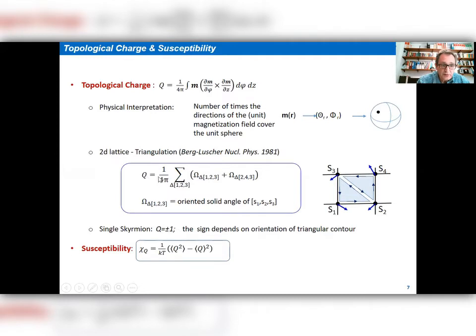For a single skyrmion, this gives 1 as an absolute value, but there is a sign in front of 1, which is related to the orientation of the triangular contour. So depending on whether you travel around the triangle in the clockwise or anti-clockwise sense, you get plus or minus for the topological charge. The susceptibility is defined in the usual way through the fluctuations of the relevant quantity, the charge.